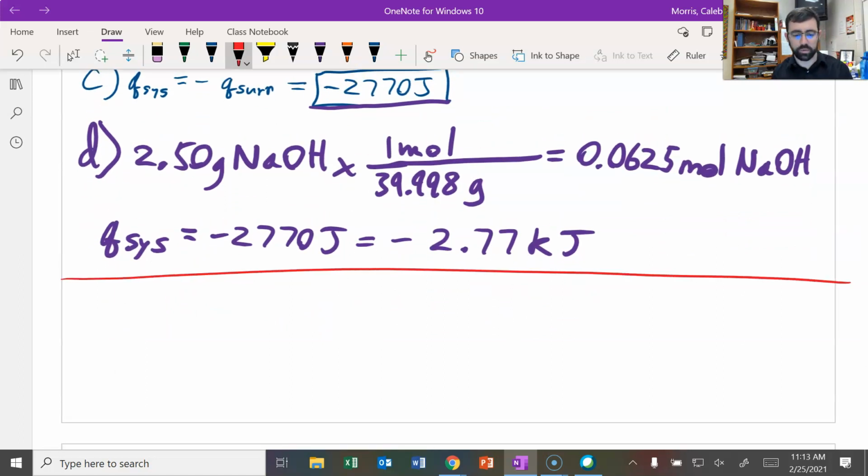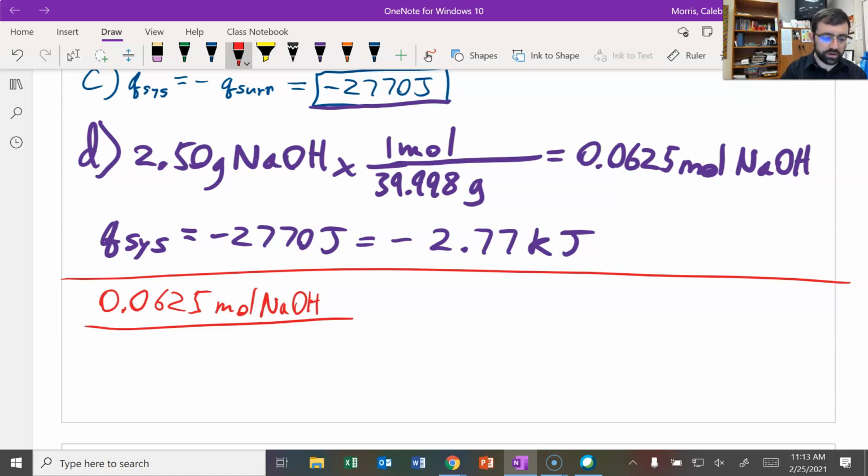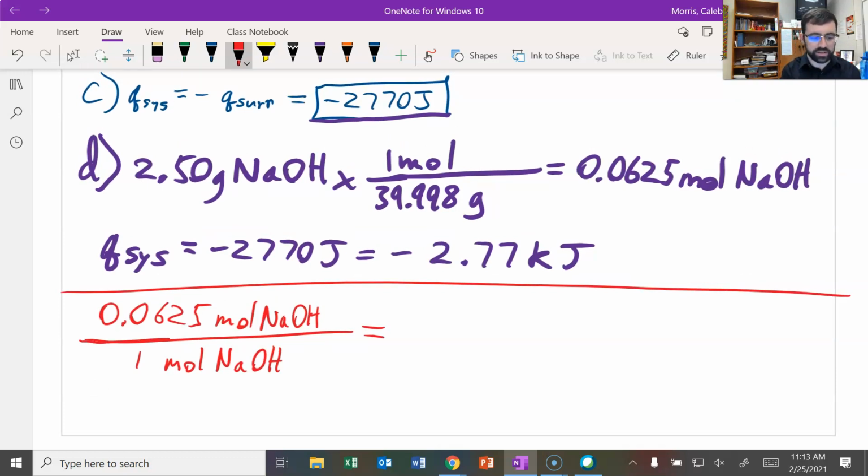We want to find kilojoules per mole. It's really going to be that number divided by 0.0625. But to do it in the stoichiometric method, we have 0.0625 moles of NaOH. If we looked at our equation, we'd see the coefficient for NaOH is 1, so we have 1 mole of NaOH. I know the amount of energy produced by 0.0625 moles is negative 2.77 kilojoules.